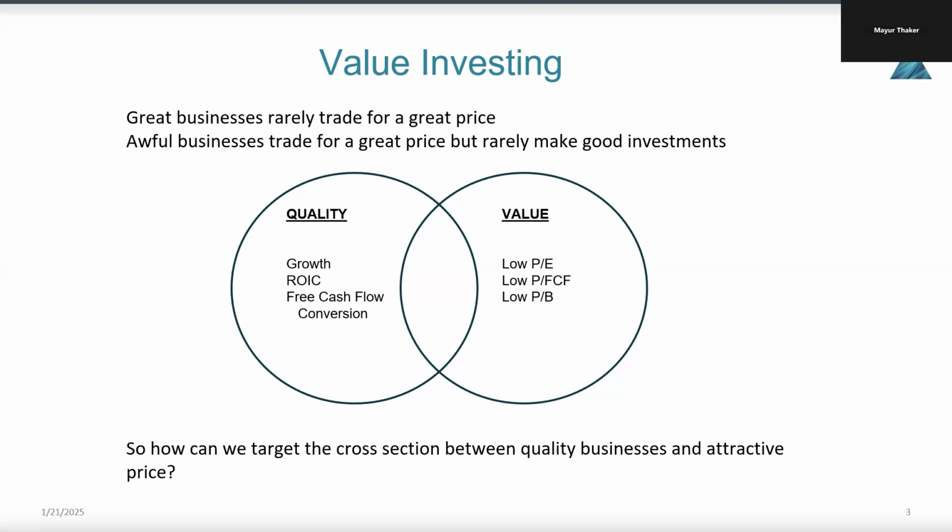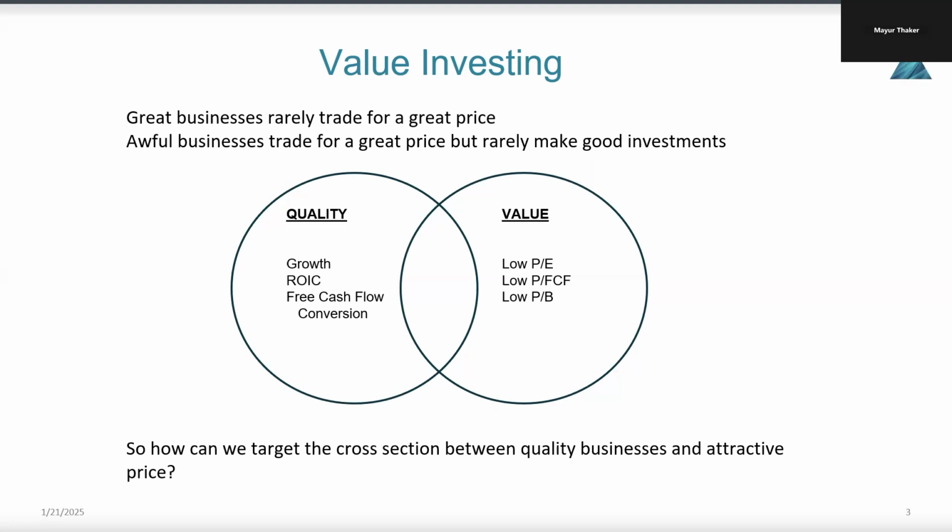They're usually not very expensive, and so therefore those that try to create a value-oriented approach to equity investing usually try to do it by focusing on the right side of this Venn diagram. Low PE, low price to free cash flow, low price to book. But the problem is that great businesses rarely trade for a great price in terms of low PE or low free cash flow multiples.